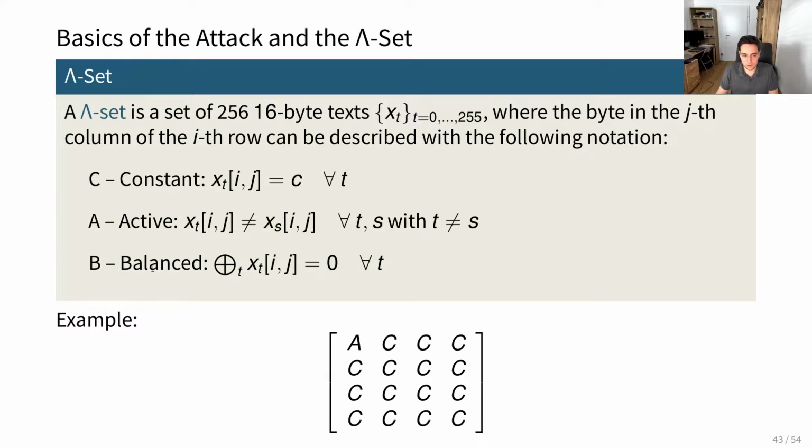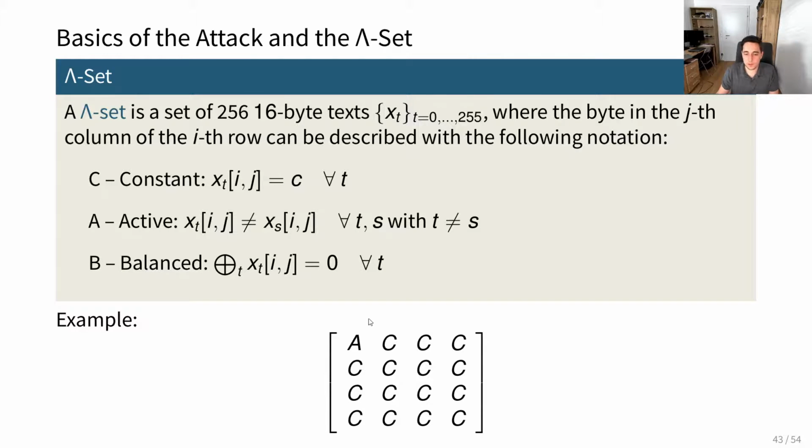An active set is balanced, of course. A constant set is also balanced. Balanced may also mean that some values occur double, 4 times or 6 times and so on, so an even number of times, but not always the same values. This is what balanced means, just this property.